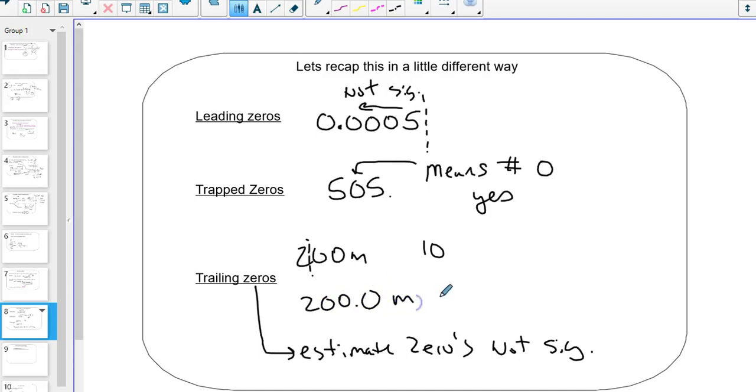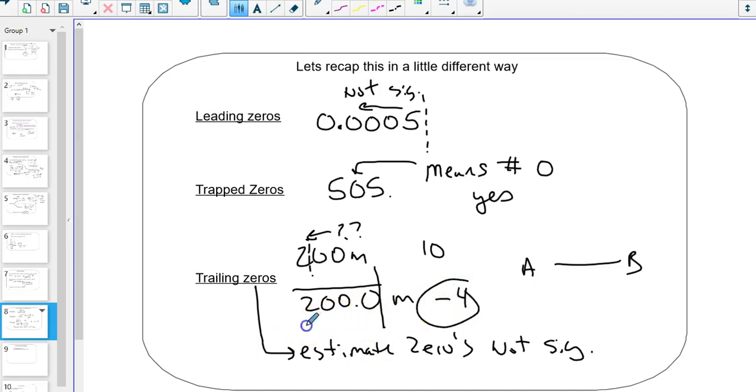If it's 200.0 meters from point A to point B, now you're revealing where there was a little bit of a question mark. I don't know where the tool ends up, so I'm being extremely pessimistic. But in this case, I'm revealing that my tool measured all the way down here, and therefore I have 4 sig figs. This can sometimes be an issue for people, so put a little example on your note card.